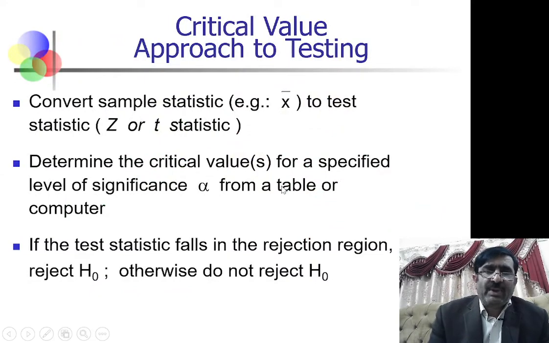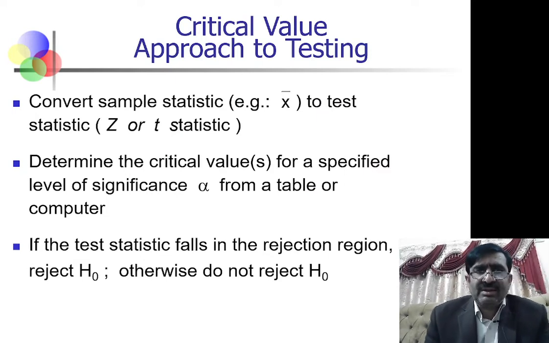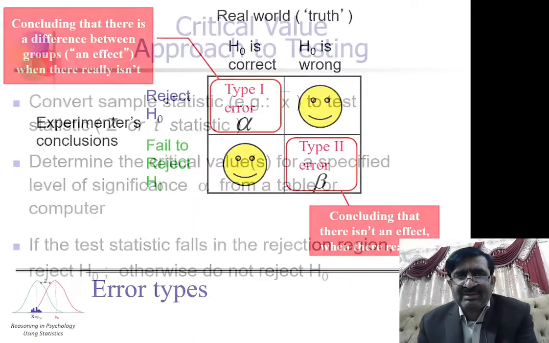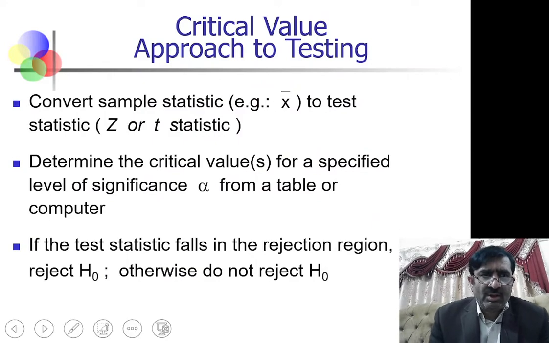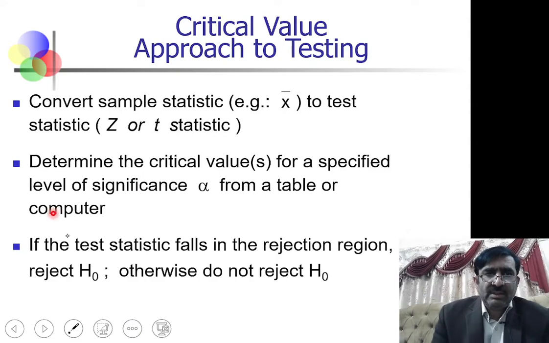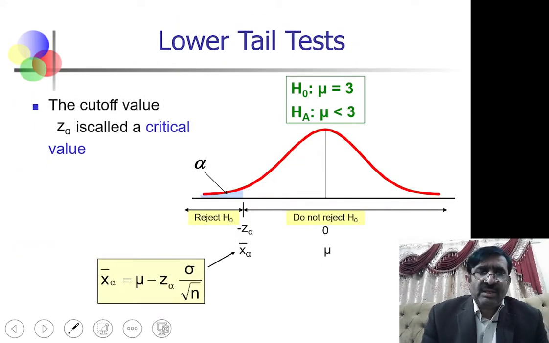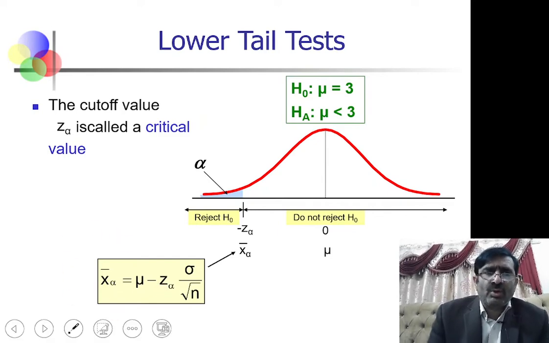Now, how will you apply it? Let's have a question here. First, we get the Z or T statistic and the critical value, and accordingly we see whether the test statistic is in the rejection region or in the other region. Now, the test statistic formula, we will not go through all of it.